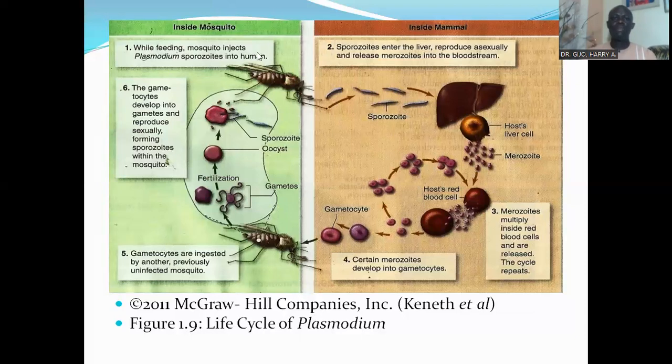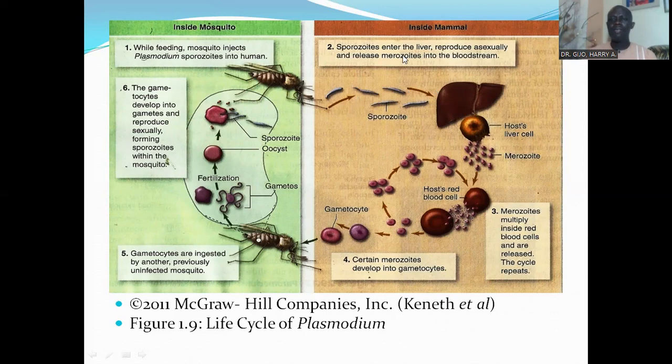Now here is a figure showing the life cycle of Plasmodium falciparum. This is what happens when a mosquito bites a human. While trying to obtain blood, it injects the sporozoites of the Plasmodium falciparum into the blood of the host, and the sporozoites migrate to the liver, where they proliferate through a process known as schizogony.